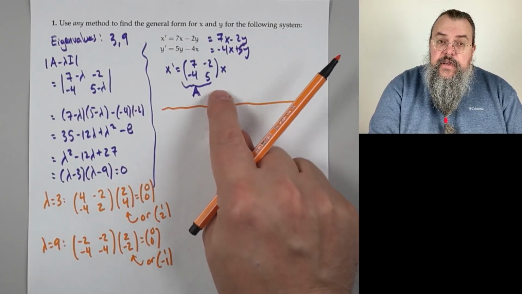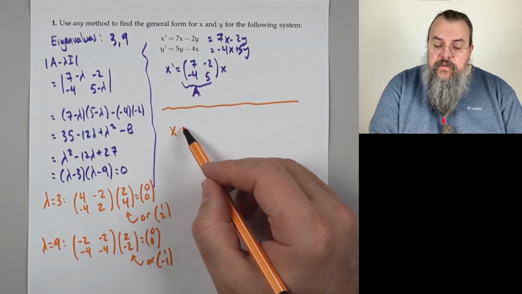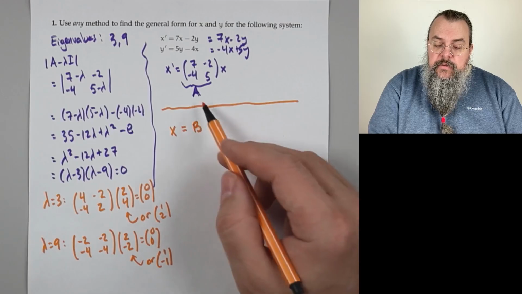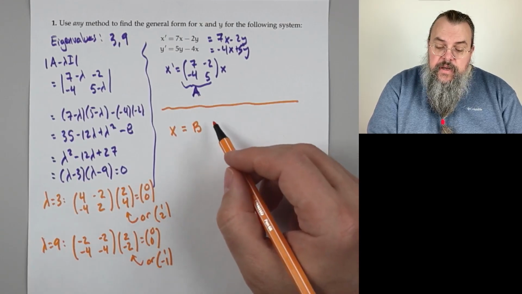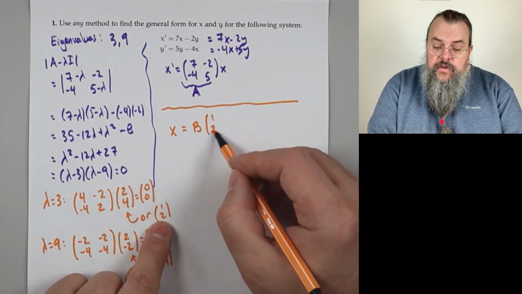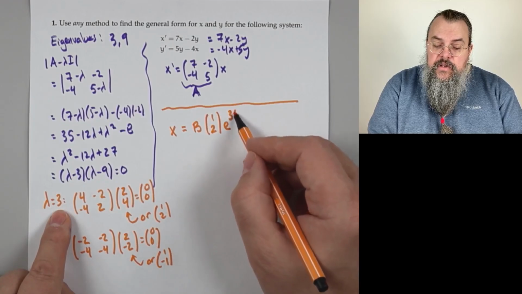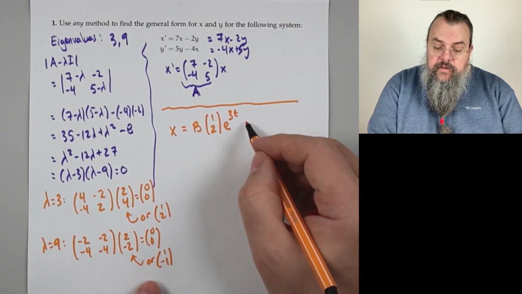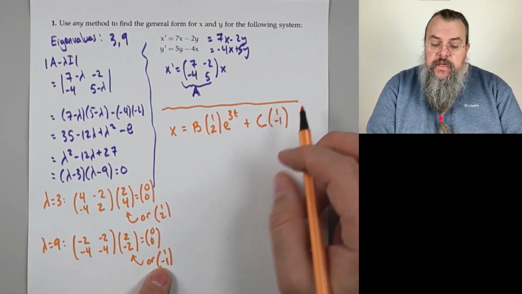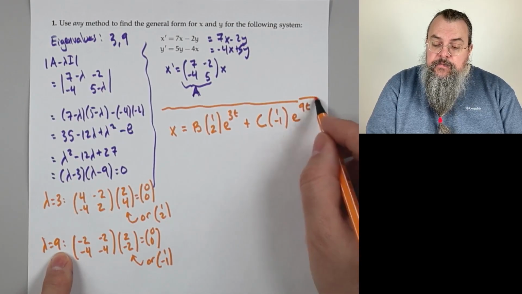So in terms of this as a matrix, we say, aha, our x looks like some constant, I'll use the letter b because we used a for the matrix, times the eigenvector 1, 2, e to the eigenvalue t, plus some other constant c, and eigenvector 1 minus 1, e to the eigenvalue 9t.